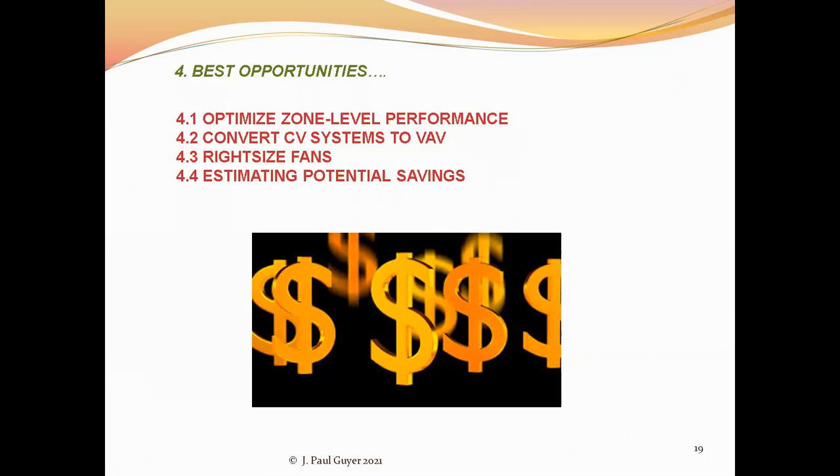New energy efficient windows, glass, glazing, better insulation. The load on the air conditioning system has been decreased, and therefore you may be able to use a smaller fan. And then the savings that you're looking for.